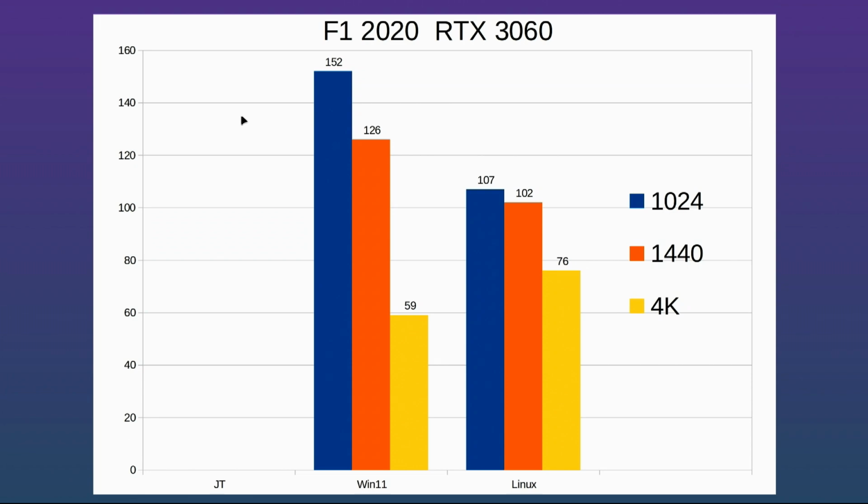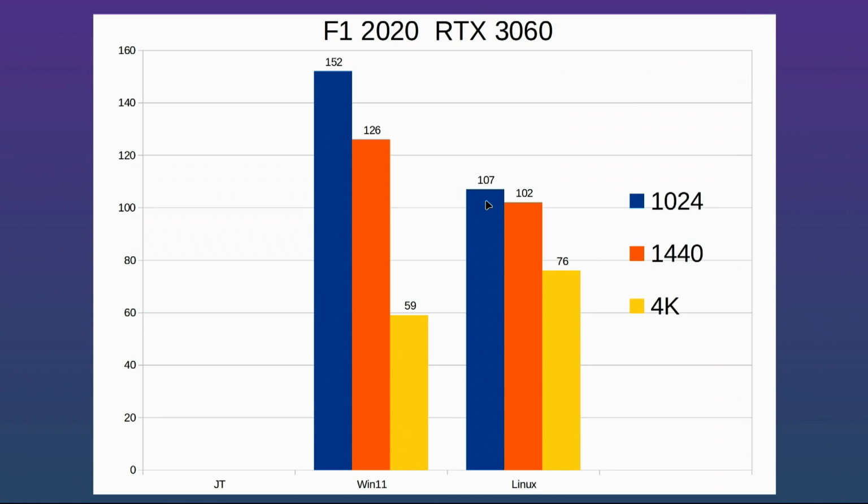I got 152, and I don't have any Jarrod's Tech info here. 152 at 1080p using Windows 11, 126 at 2K, 59 at 4K. On Linux, unfortunately, only 107, and I ran this several times. And this is what happened a year ago when I loaded up Linux onto a system.